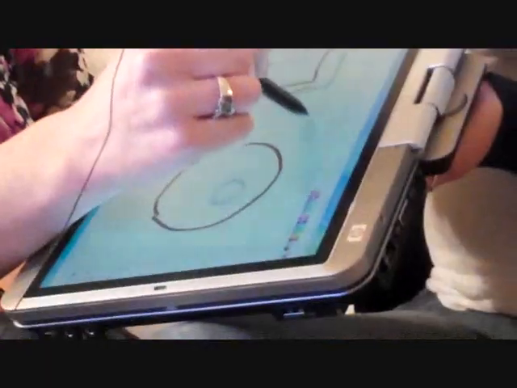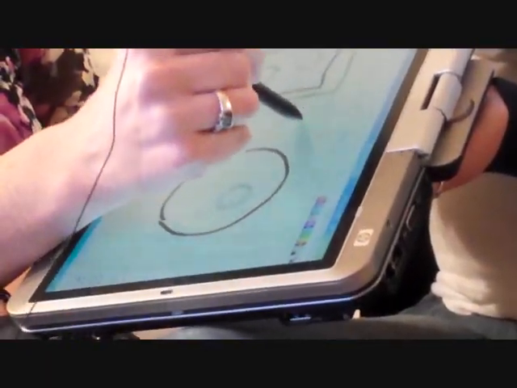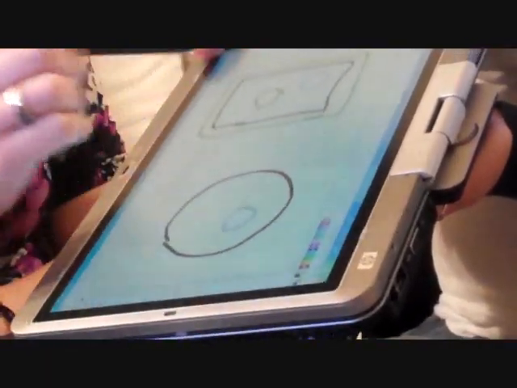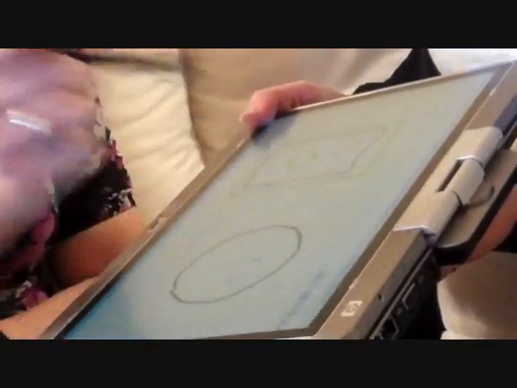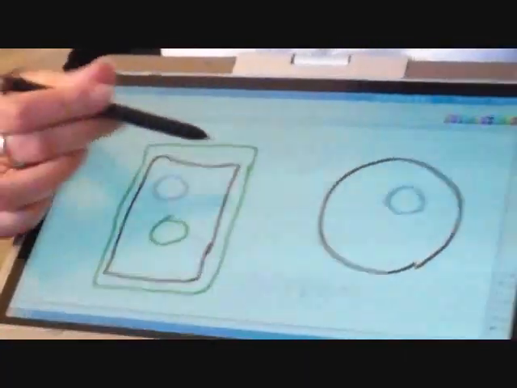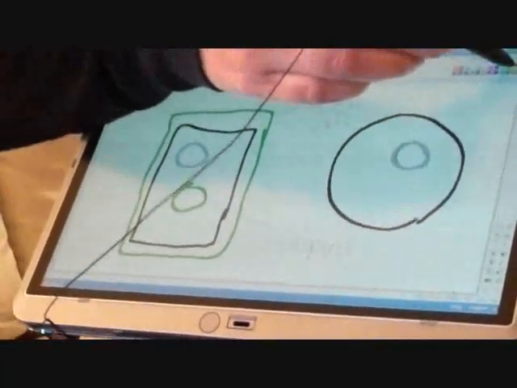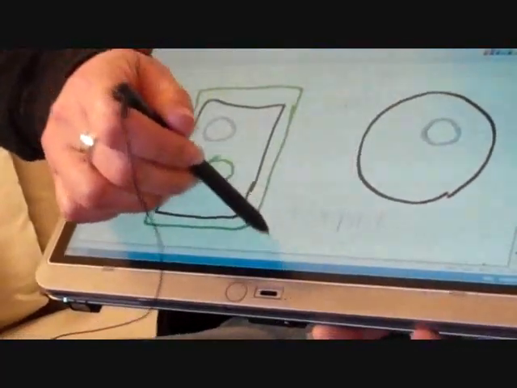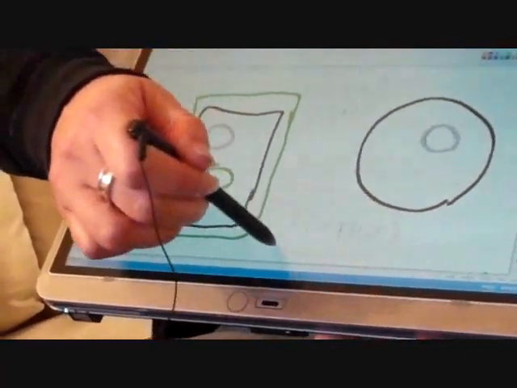Sure. All right, excellent. Thank you. All right, class, as you can see, we are talking about the cell wall and the chloroplast. Today, I'm actually going to be focusing mostly on the chloroplast and how it relates to photosynthesis. So let's go ahead and start with our lesson.